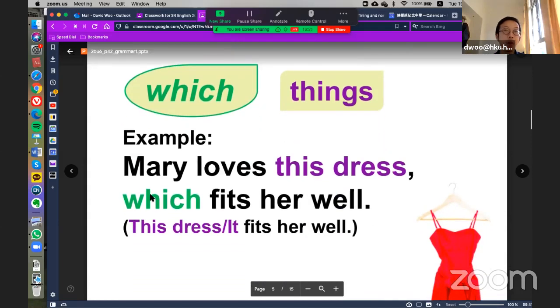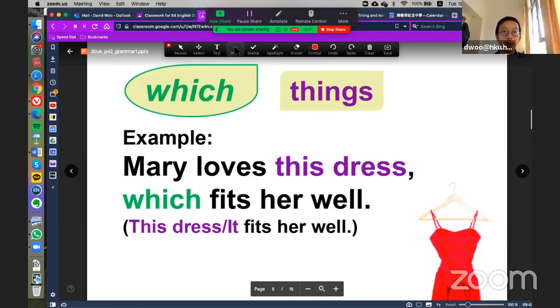Okay. Which, you may want to repeat after me, which. Which refers to things. And you just have to memorize this, okay? Mary loves this dress, which fits her well. What does which refer to? This dress. So this dress fits her well.